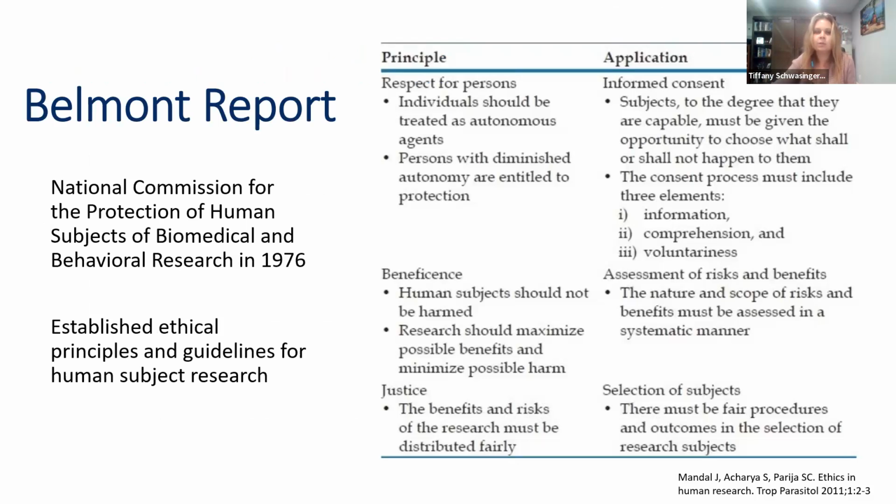And this becomes really important, especially if people have problems with cognition or aren't able to understand all the things that we're talking about, making sure that we have what we call an assent. So making sure that the participant agrees to participate, but if there's any question that they're not fully understanding it, that they have a caregiver or a representative to make sure that they understand everything that's going on and they agree for the participant being there.